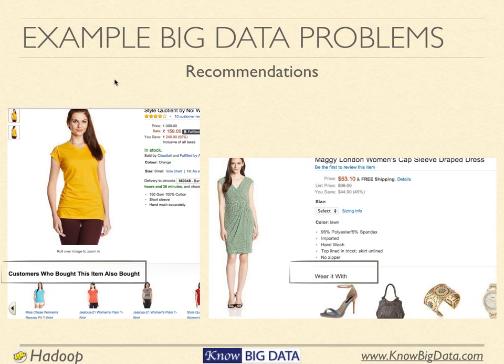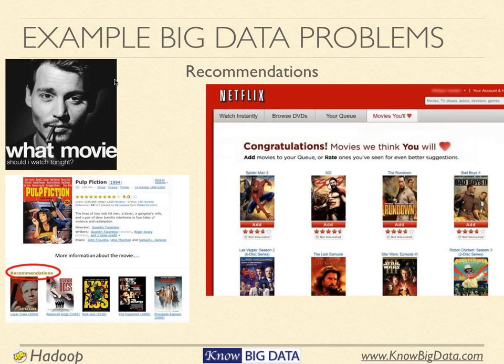So this is one set of recommendations. The other set of recommendations could be very personalized. For example, at IMDb, if you rate a lot of movies, it will give you recommendations based on other people who are similar to you in their movie liking.